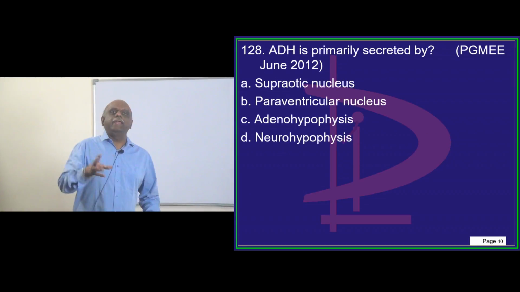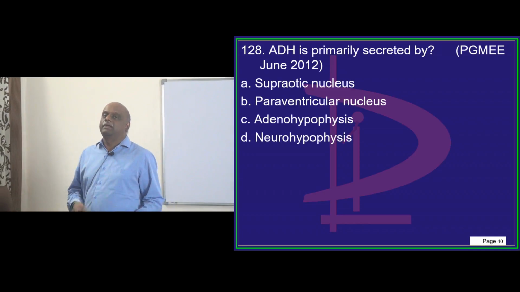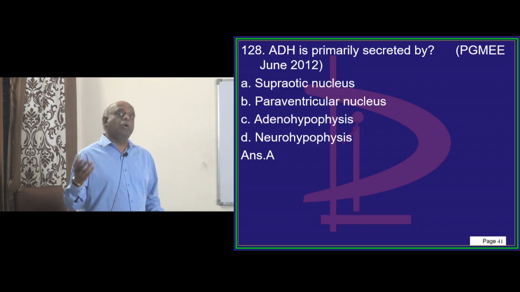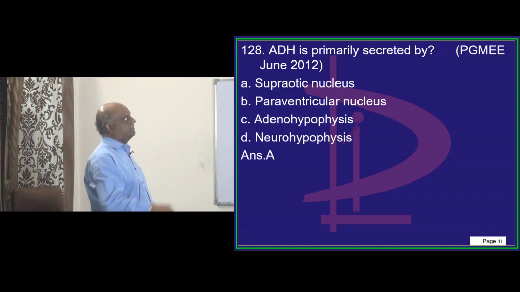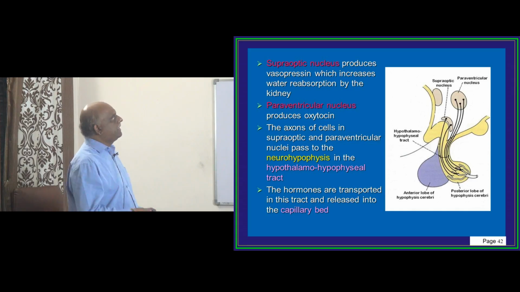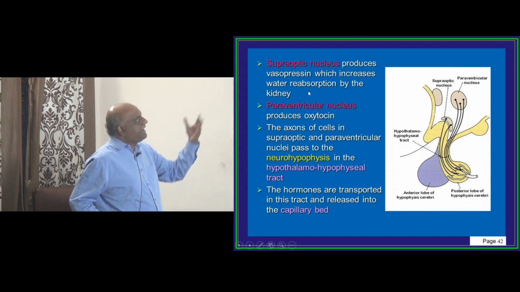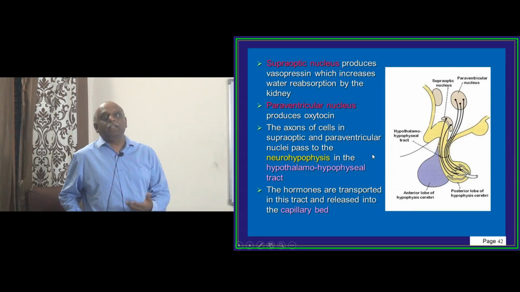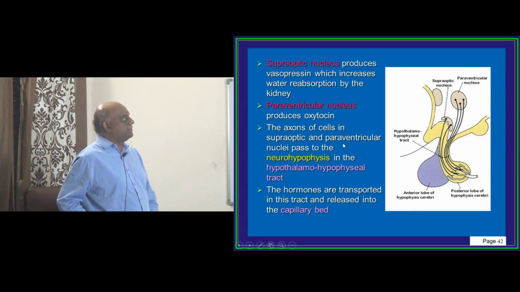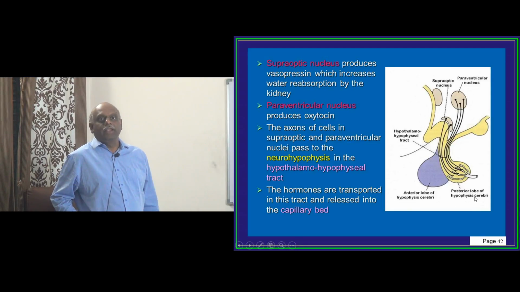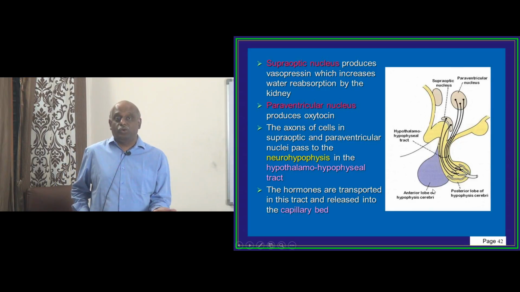Where does ADH primarily get produced from? It is the supraoptic nucleus. So supraoptic nucleus produces the vasopressin. Paraventricular nucleus produces the oxytocin, and that is being released using the hypothalamo-hypophyseal tract into the posterior pituitary, which is only a storage house.